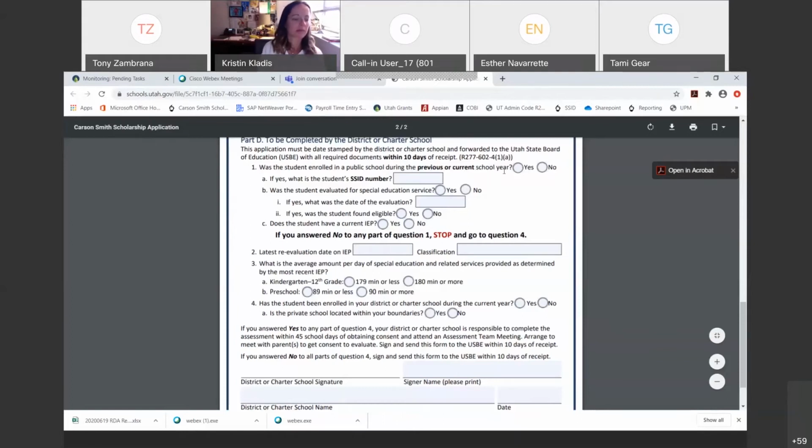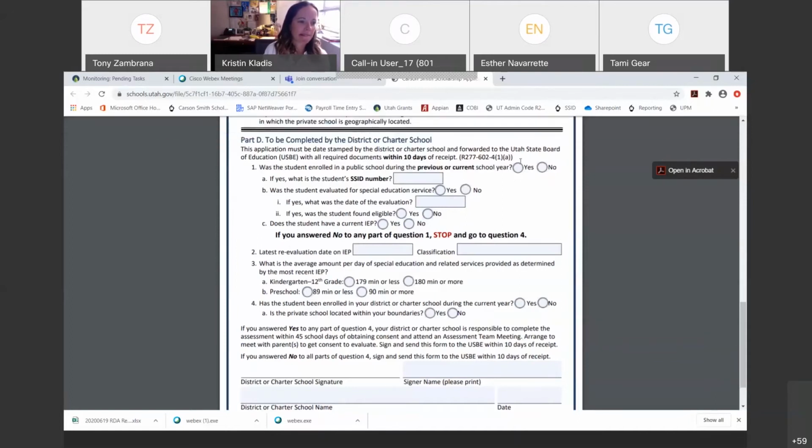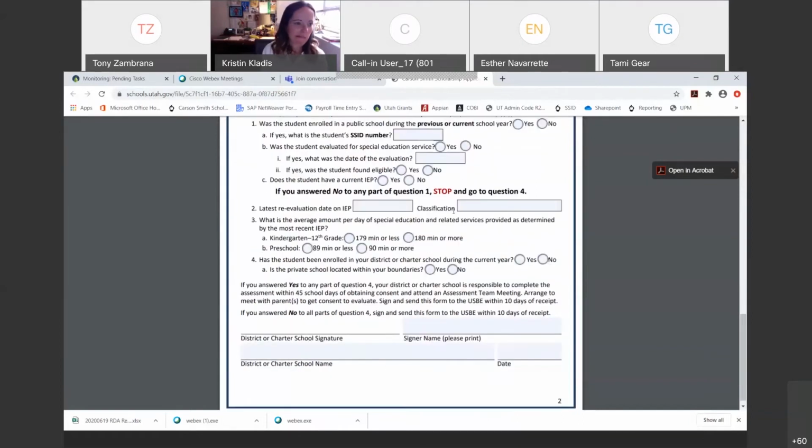The LEA will then answer this series of questions. Was the student enrolled in a public school during the previous or current year? Yes or no? If yes, we need that SSID number, so go ahead and put that in here. Was the student evaluated for special education services? Yes or no? If yes, what was the date of the evaluation? Also, if yes, was the student found eligible? Does the student have a current IEP? Yes or no?